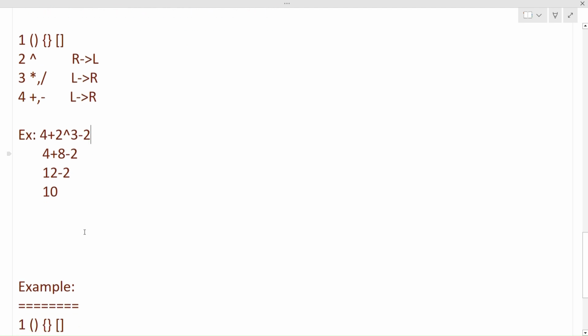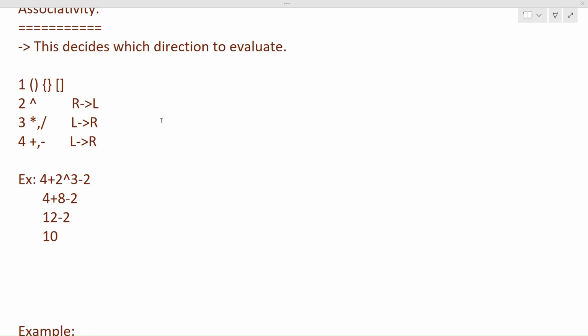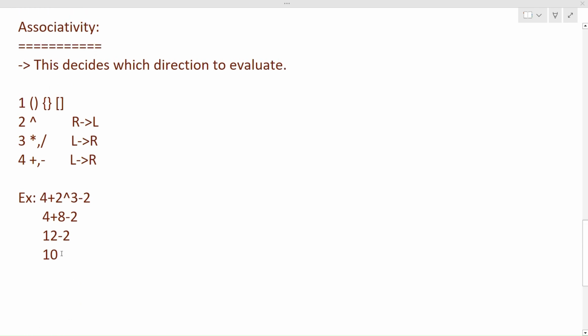And now let's take one more example for your understanding. That is, let me take 2 power 2 power 2. This is the example. Here you can see, let me change some values, so that it would be easy.